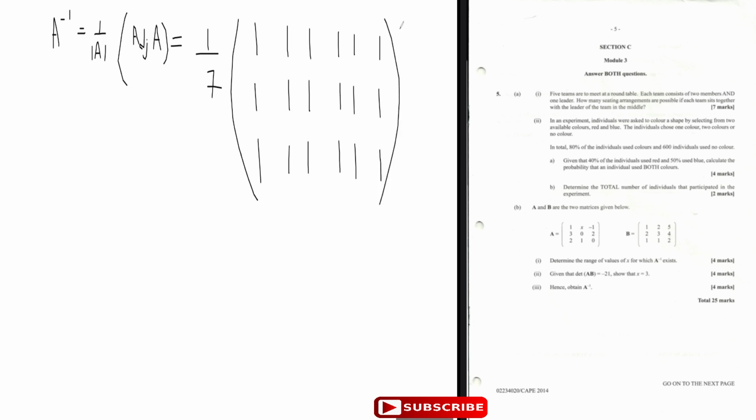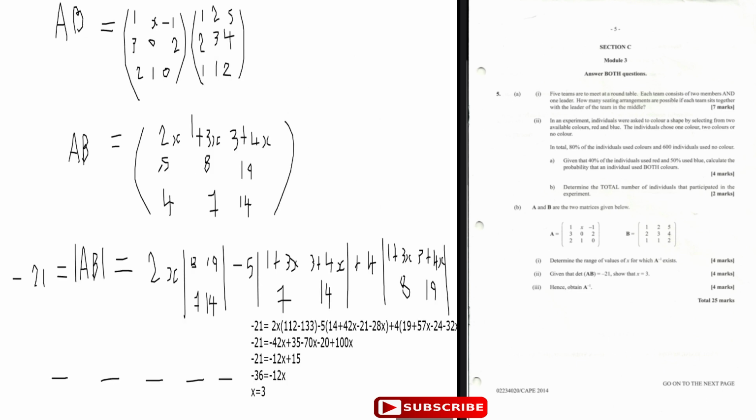And transpose the cofactor. That's going to be equal to 1 over 7 times... all right, so now we have AB.